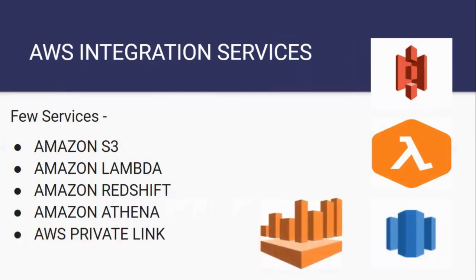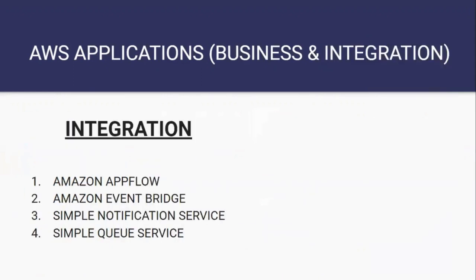It is a data warehouse product. Amazon Athena. It is an interactive query service, and we use standard SQL in it, and it is serverless, so there is no infrastructure to manage. We have to pay only for the queries that we run. AWS PrivateLink. It provides private connectivity between VPCs, that is virtual private clouds.